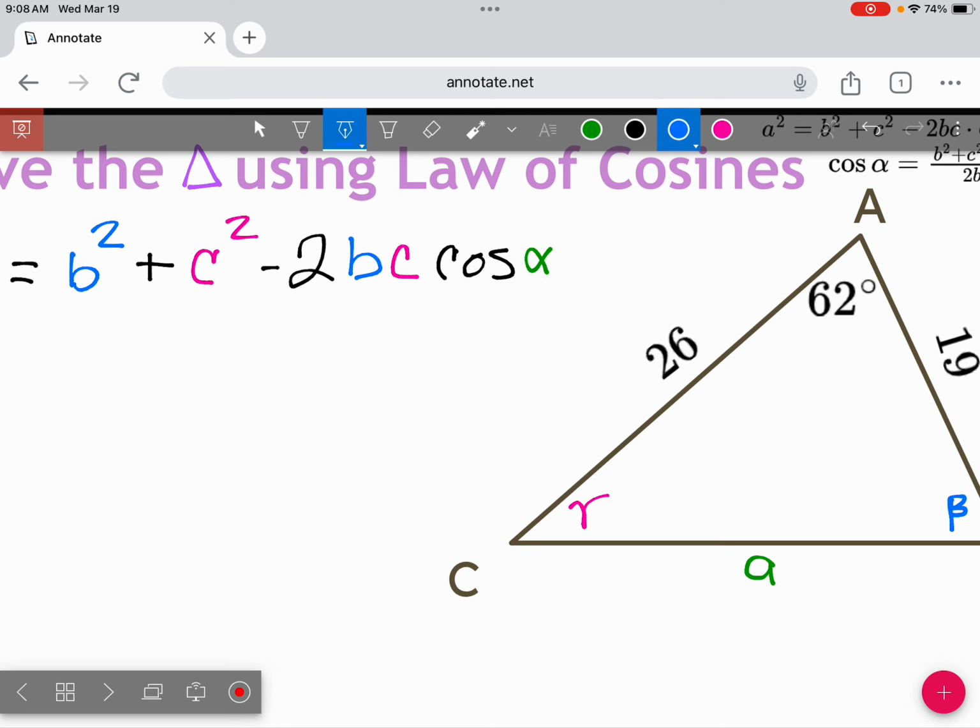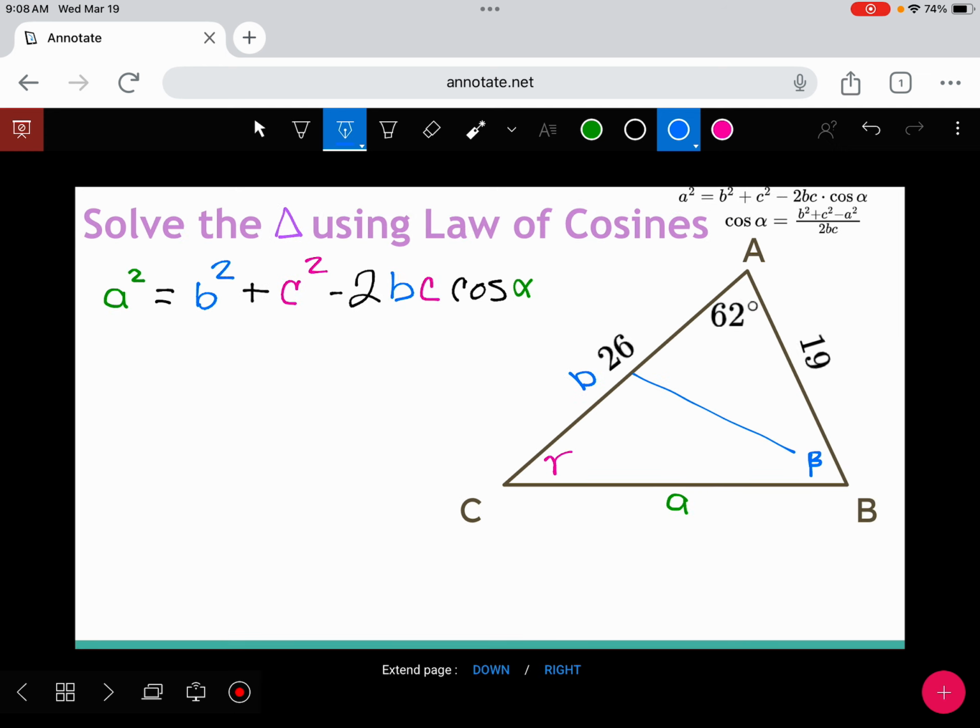So side B is which one? 26. This is our B. It's opposite the angle beta. That's our side B, which means side C is the 19.